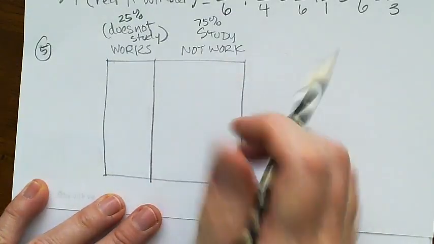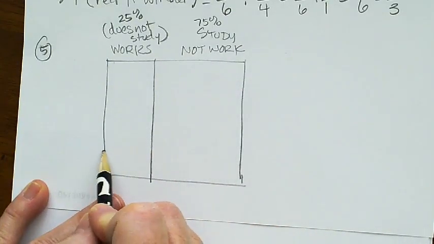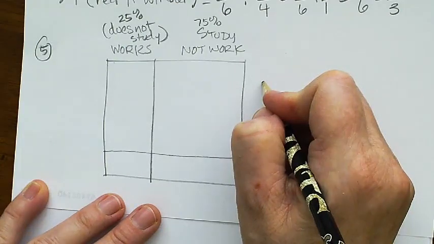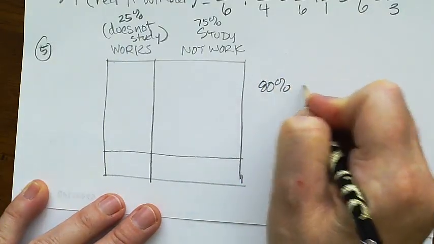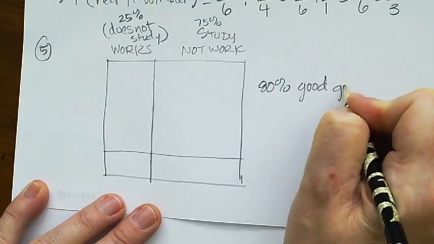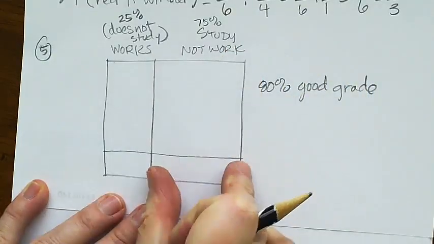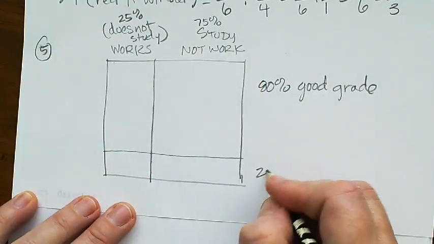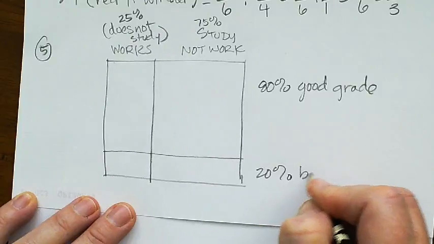Okay, so let's just look at this side where she's studying. I'm going to make this look like it's 80%, so right about here, there's an 80% chance that she'll get a good grade. If she studies, that means there's a 20% chance that she will get a bad grade.